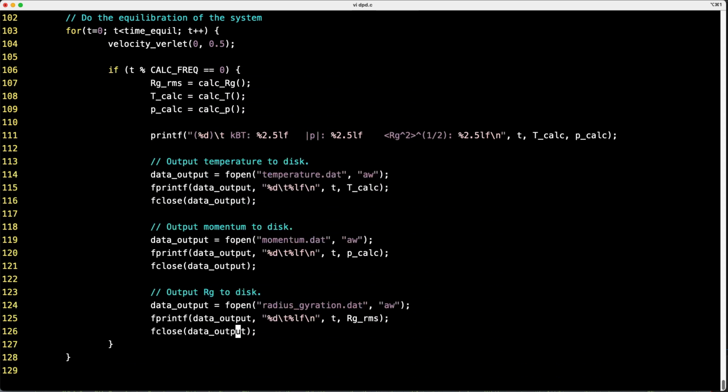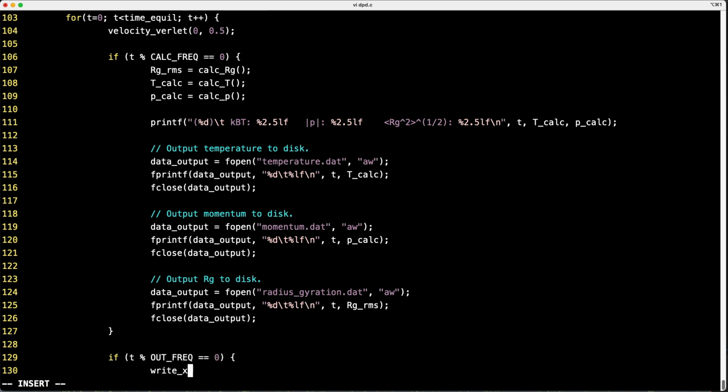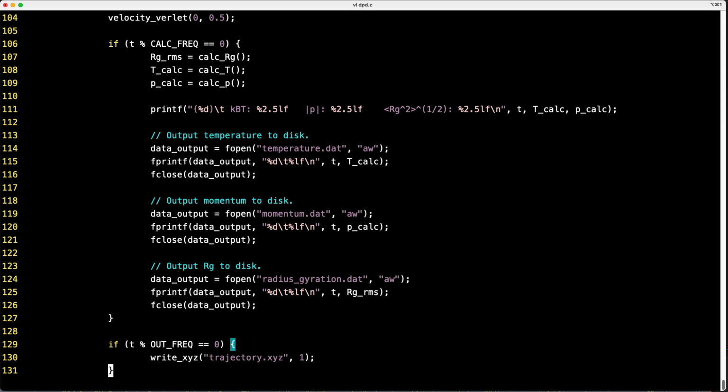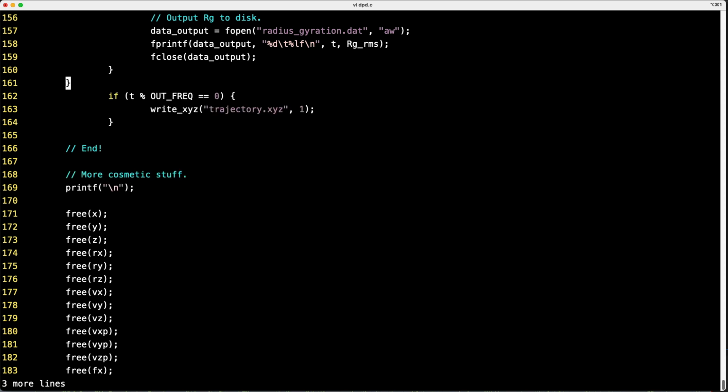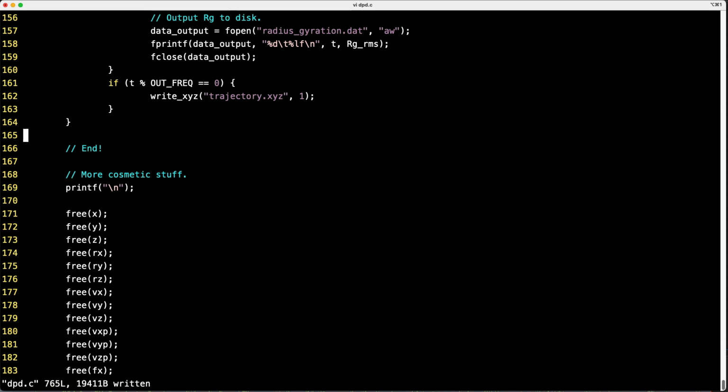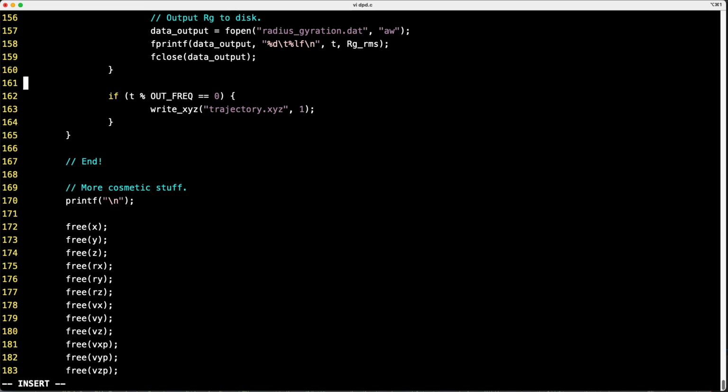So let's say over here, if T modulo out frequency equals 0, we will write XYZ trajectory, and we do append so that we can generate a movie. And I will show you those movies in the next video so we can get an idea of what our simulation actually did. And I think that should do it.